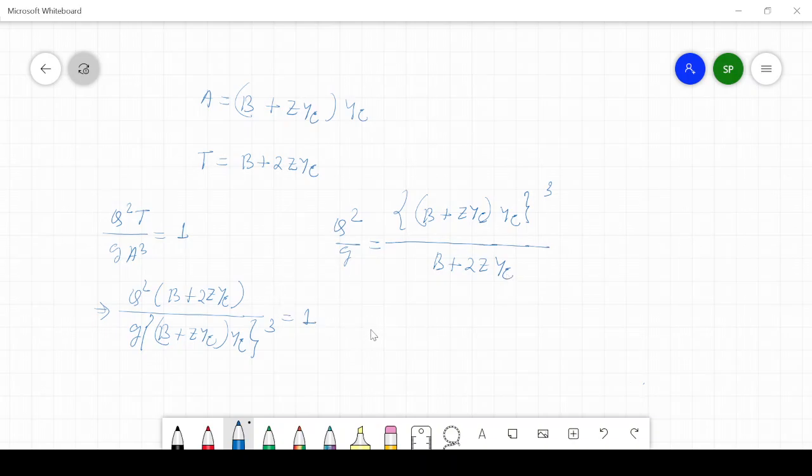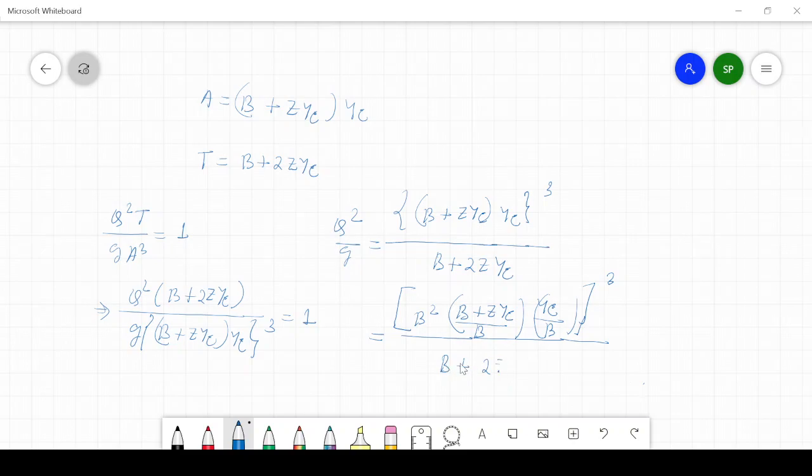Now B square plus B plus ZYC by B, YC by B, whole to the power 1/3, whole to the power cube, and B plus twice Z. Sorry.